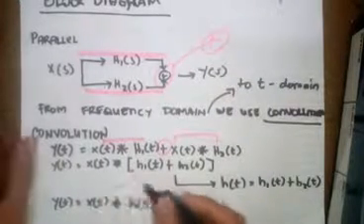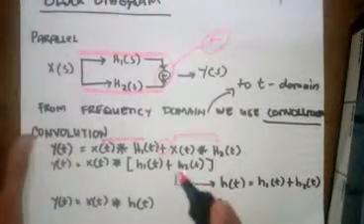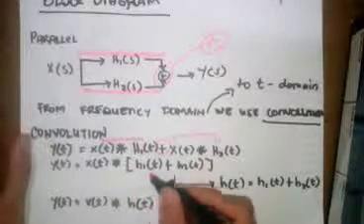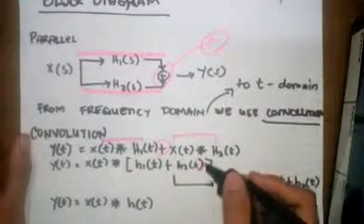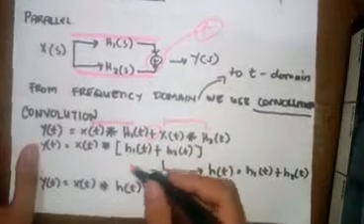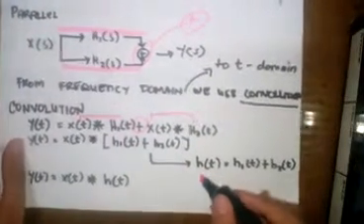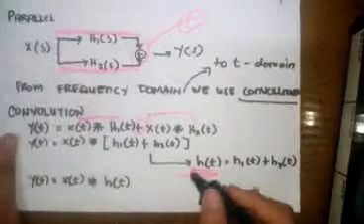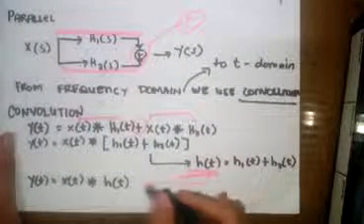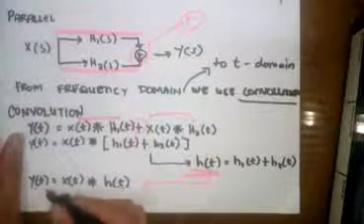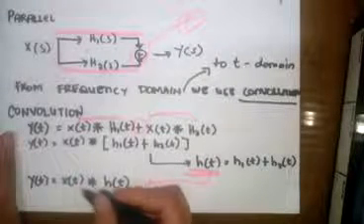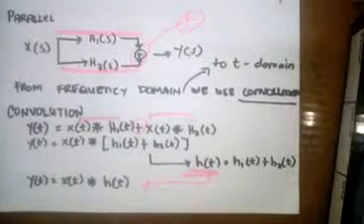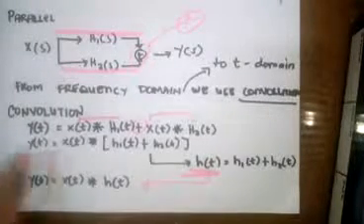So the output becomes, if we group it, x of t convoluted to h of 1 of t plus h of 2 of t. And this h of 1 of t plus h of 2 of t would be represented as h of t. Then plugging back into the equation, we have y of t equivalent to x of t convoluted to h of t. Basically, that is just the convolution.